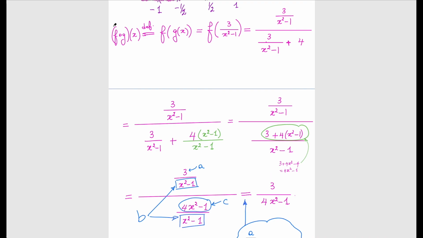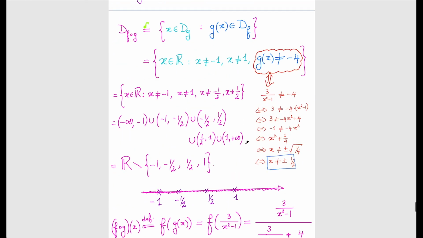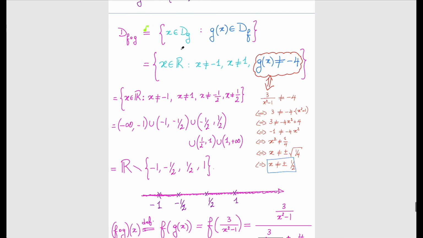Okay? So when you want to find the domain of a composite function, I strongly encourage you to go through this process that we just described above. It tells you exactly what you need to throw away and what you need to consider, because it takes into account all the conditions that you have to place on x.